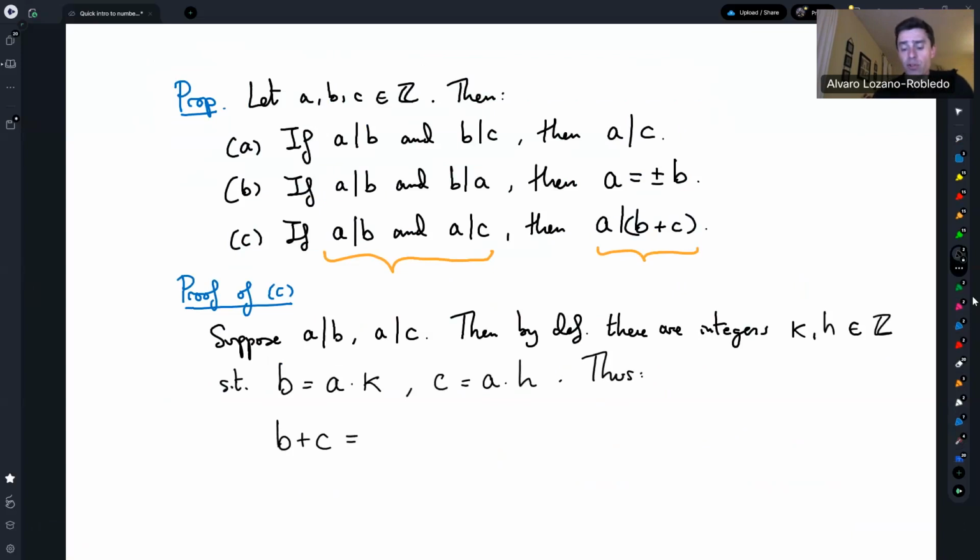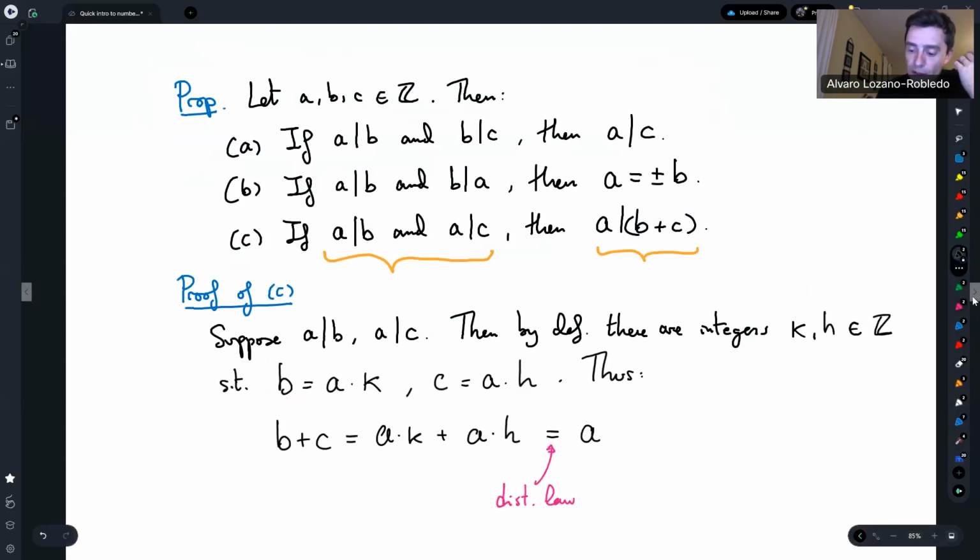I can substitute B by A times K and C by A times H. Now is where I want to take a common factor of A, and that's where I need the distributive property of the integers. That is key here, that we do have a distributive law in the integers.